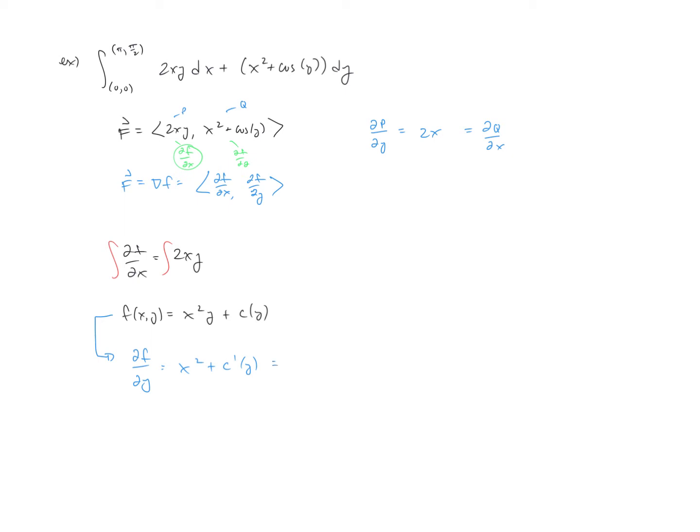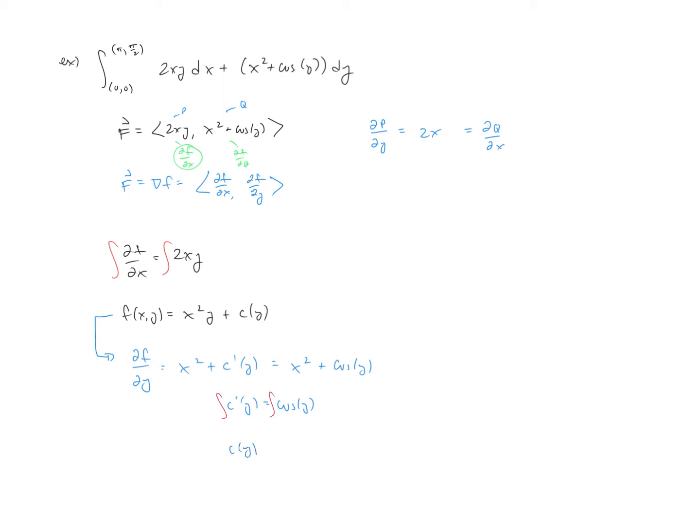So I'm going to set it equal to x squared plus cosine y. The equation now that I'm solving is right here, and clearly that would imply that c prime of y equals cosine y. So to figure out what my c of y actually is, I'll go ahead now and integrate both sides.